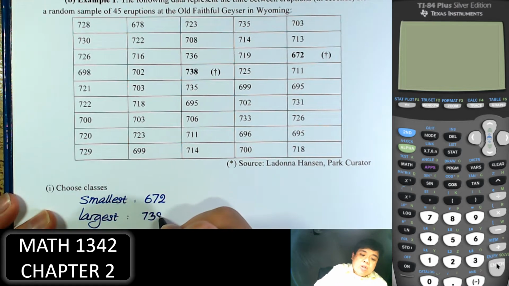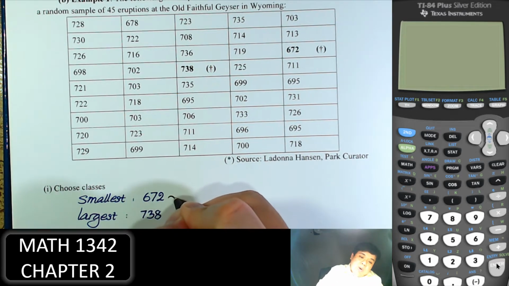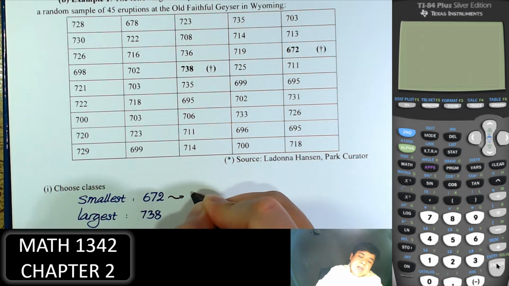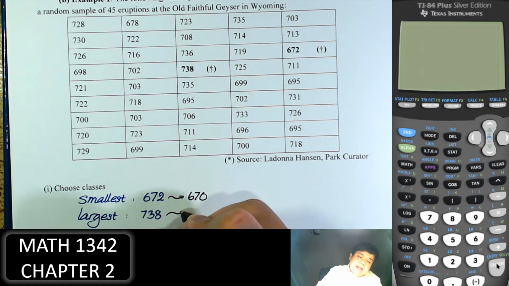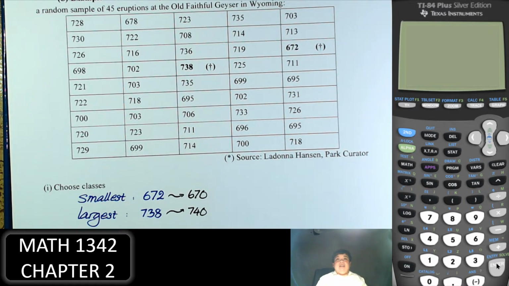Of course, we can use these numbers, but conveniently we can round them so that they are nice numbers. It's always lower than the lowest, so I round that to 670, and 738 we can round to 740. Right, we have to choose something bigger so that it covers everything.